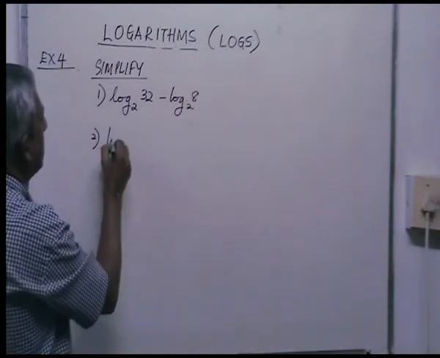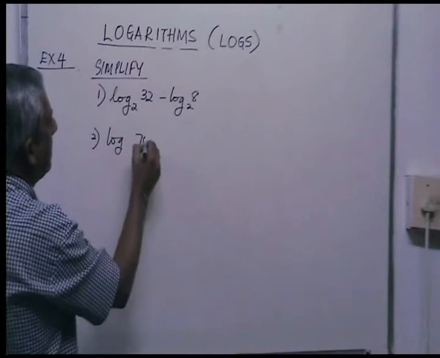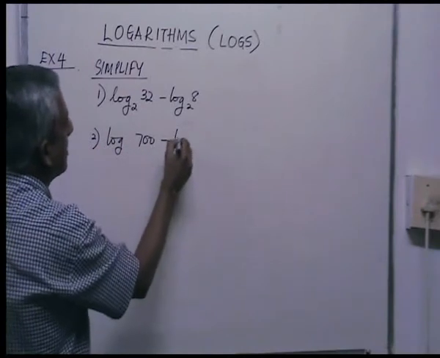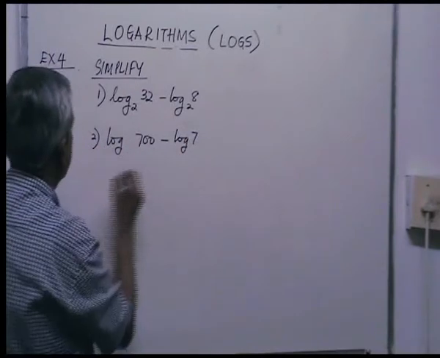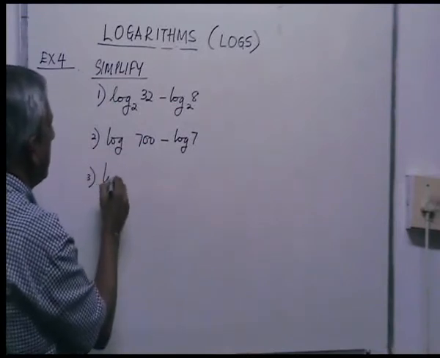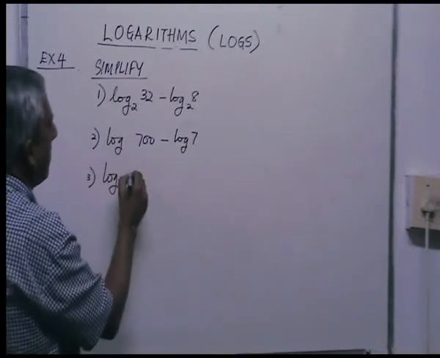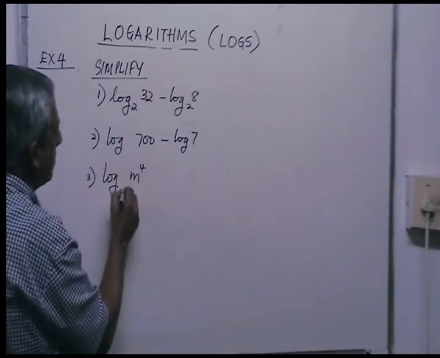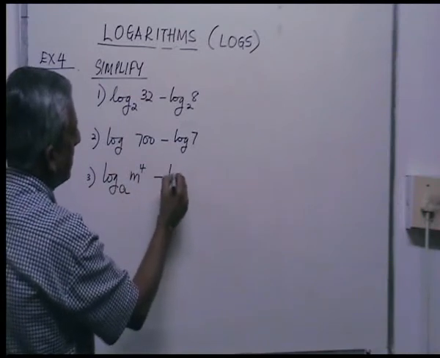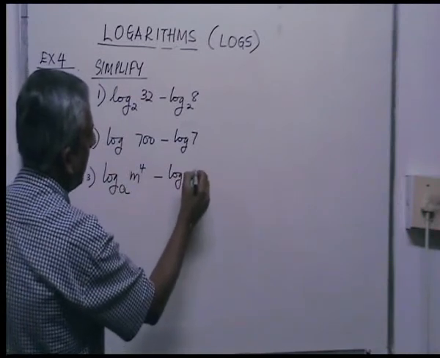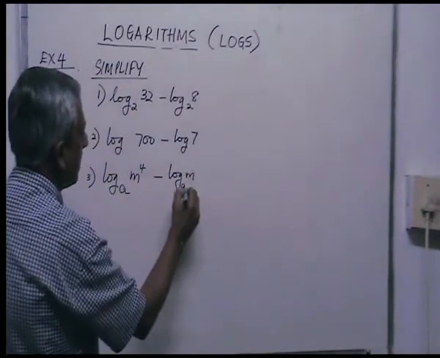Number 2, log of 700 minus log of 7. Number 3, log of m to the 4 to the base a minus log of m to the base a.